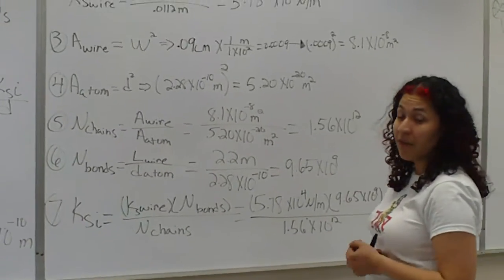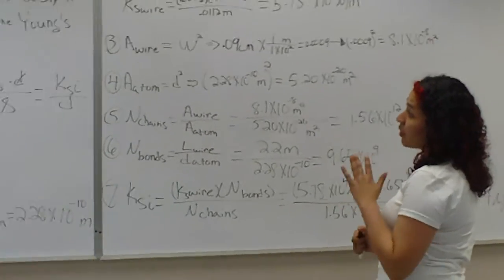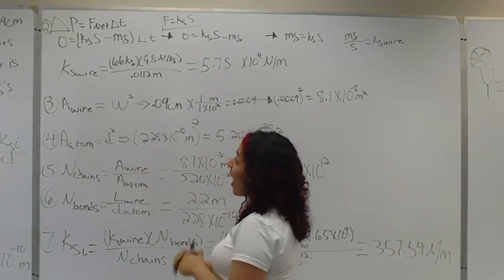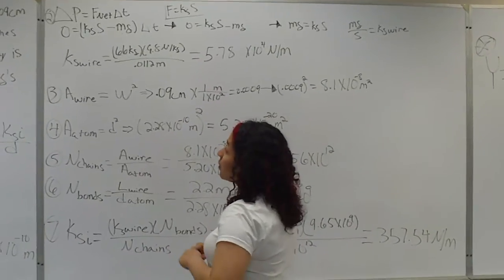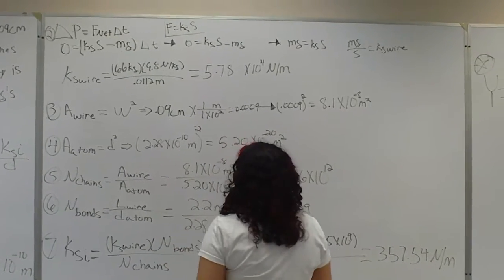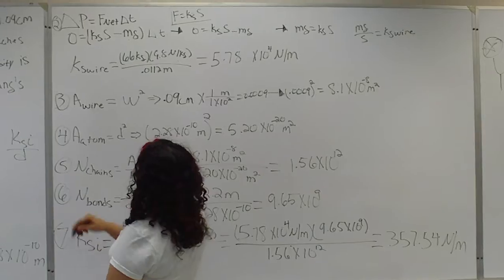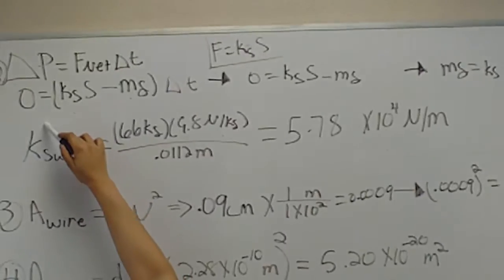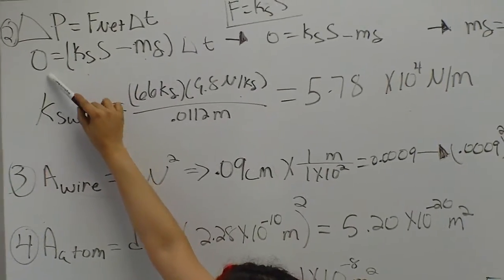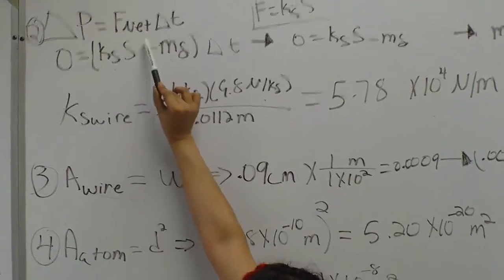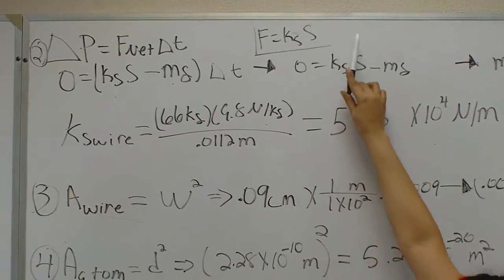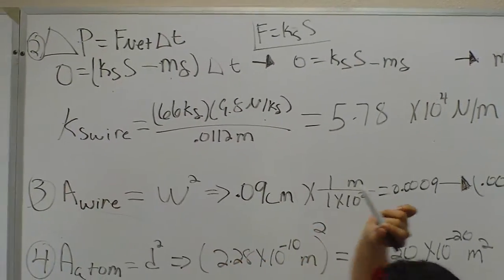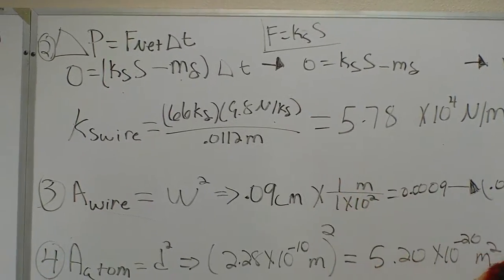Now, we're going to start solving for the interatomic spring constant. To do that, we first have to find the spring constant for the entire wire. For that, we're going to use the momentum principle, where, because it's not moving, dp/dt is equal to 0. Your F net is your spring constant times the stretch minus your mass times gravity.